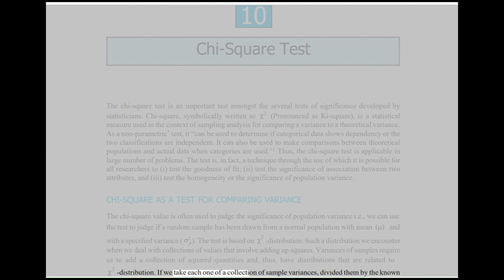If we take each one of a collection of sample variances, divide them by the known population variance and multiply these quotients by (n-1), where n means the number of items in the sample, we shall obtain a χ² distribution. Thus, (n-1)s²/σ² would have the same distribution as the χ² distribution with n-1 degrees of freedom.